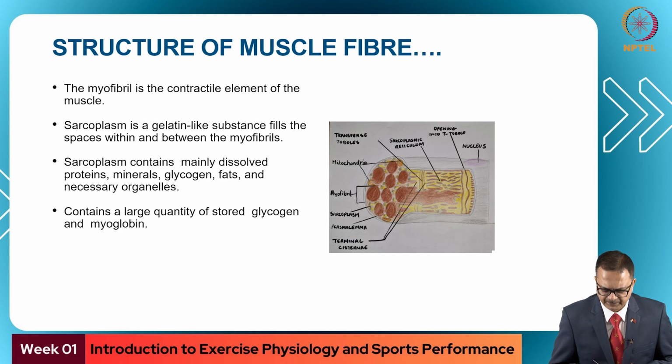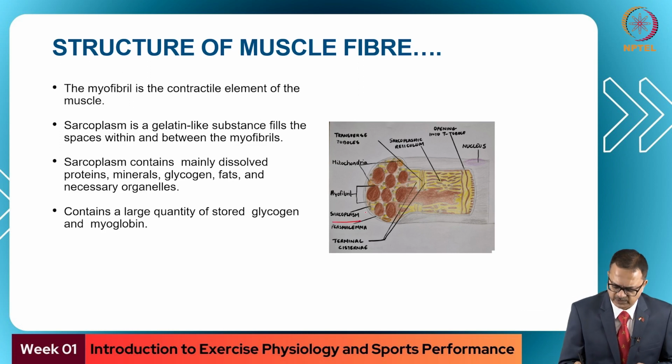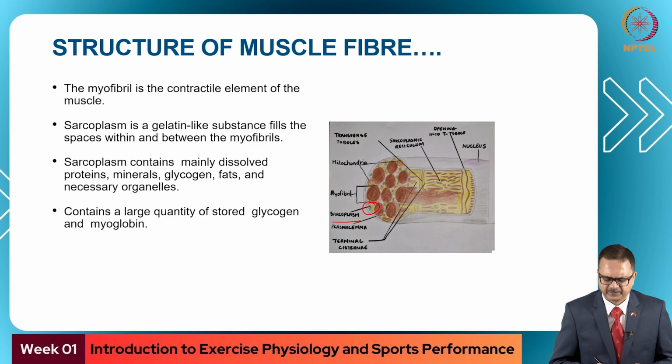The myofibril is the contractile element of the muscle. The sarcoplasm is a gelatin-like substance which fills the spaces within and between the myofibril. The sarcoplasm contains mainly dissolved proteins, minerals, glycogen, fats, and the cell organelles.